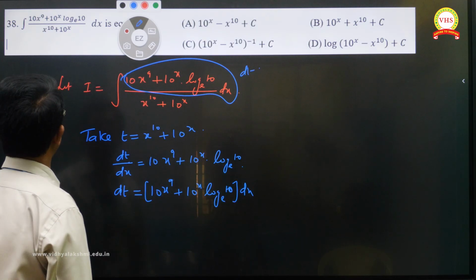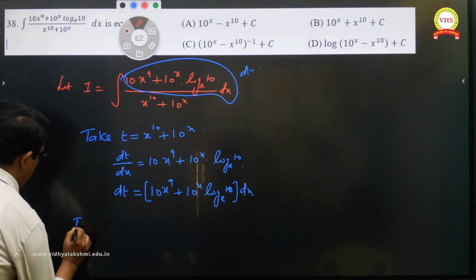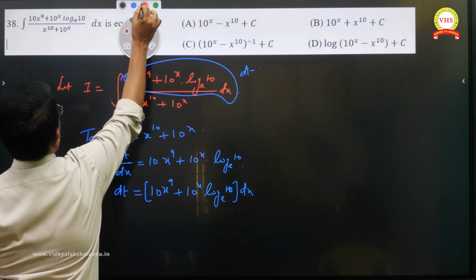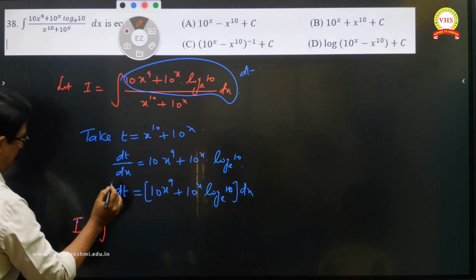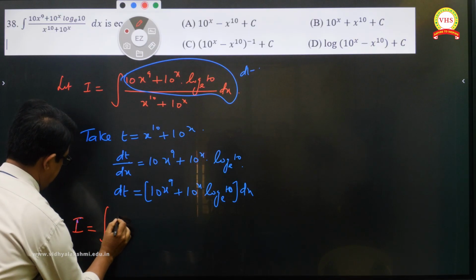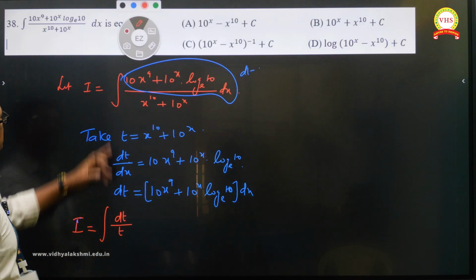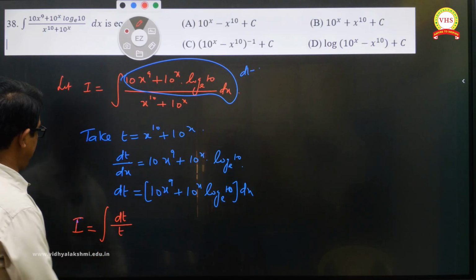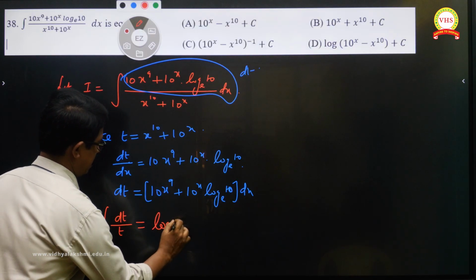Then what is the final answer? I equals the integral of dt divided by t, because we took t as the denominator. That is the integral of 1 by t dt, which is log t.